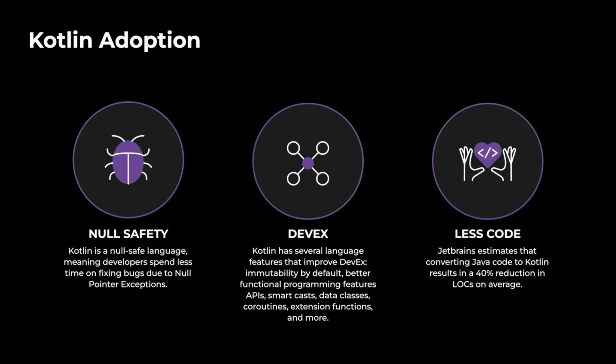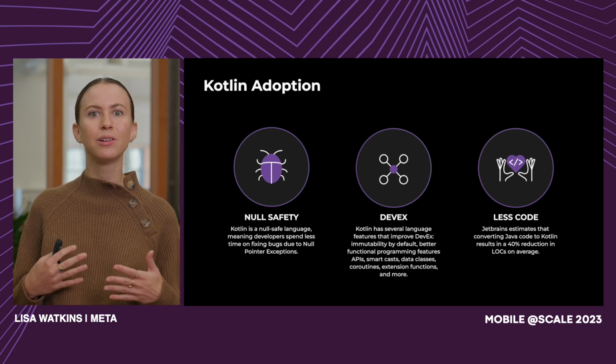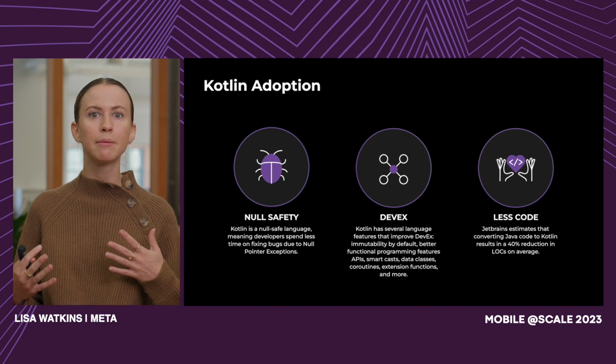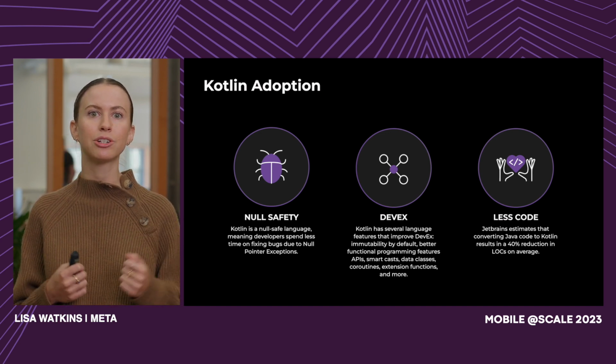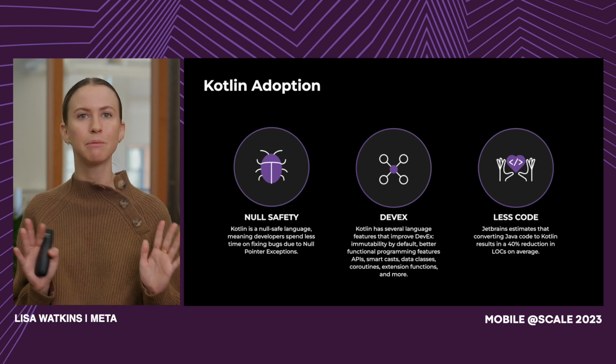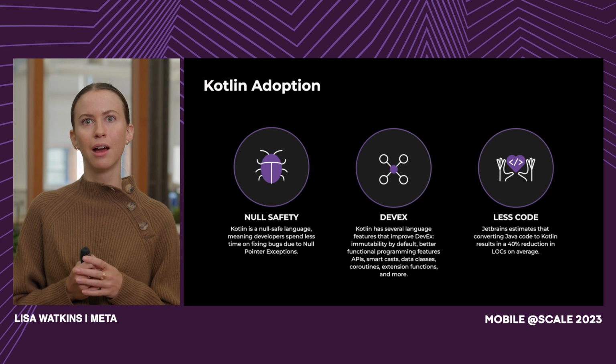Furthermore, Kotlin has a lot of syntactic sugar that makes writing code intuitive and concise. Kotlin has better functional programming style support and language features like smartcasts, coroutines, extension functions, just to name a few, all of which make code simpler and more robust.